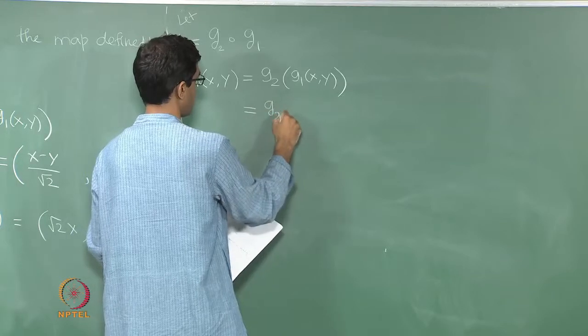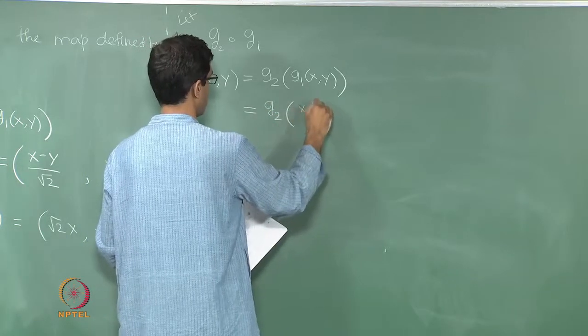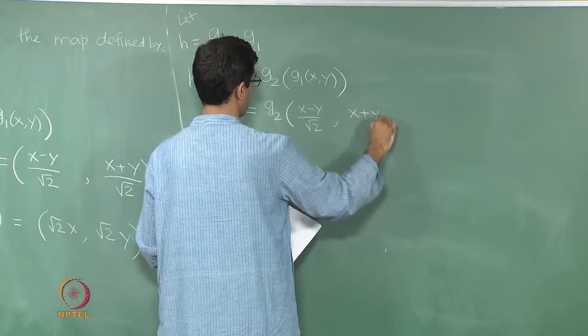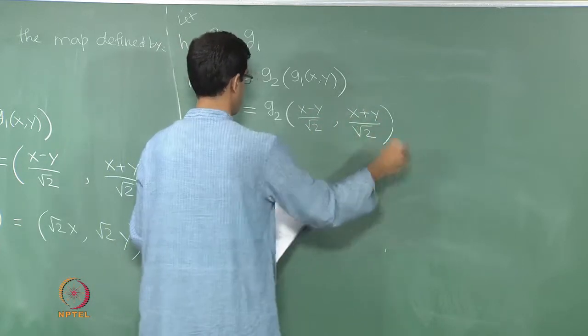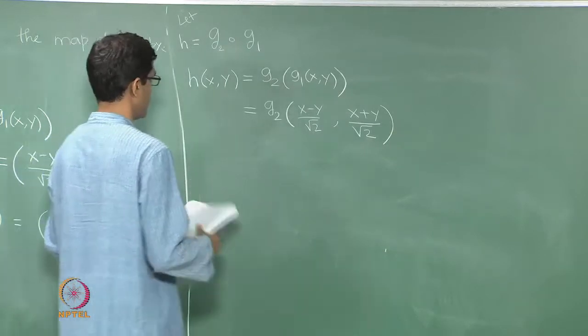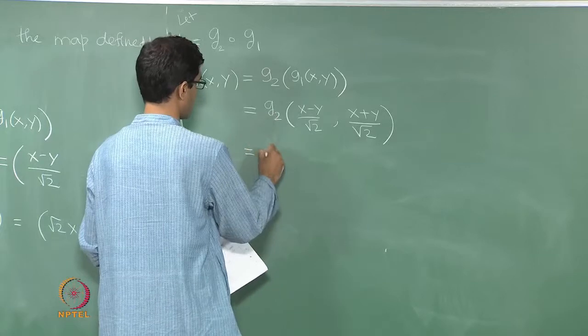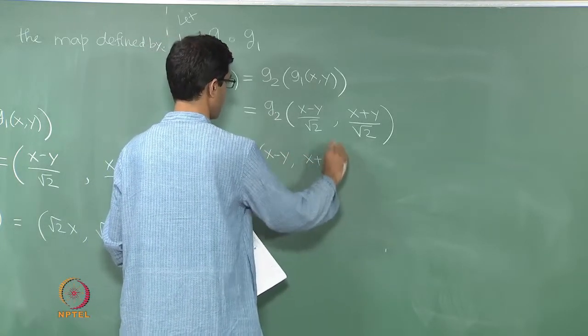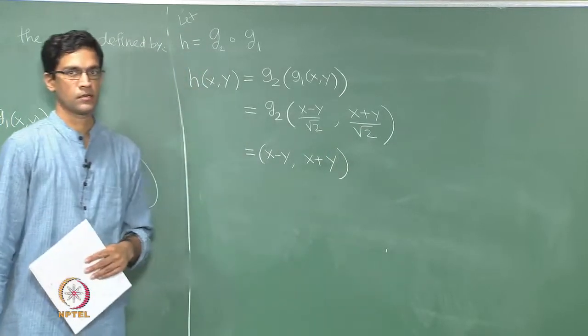So, let us evaluate g1 first. g1 is x minus y by root 2, x plus y by root 2. That is what g1 does, and g2 simply multiplies each factor by root 2. So, this then gives you x minus y comma x plus y.